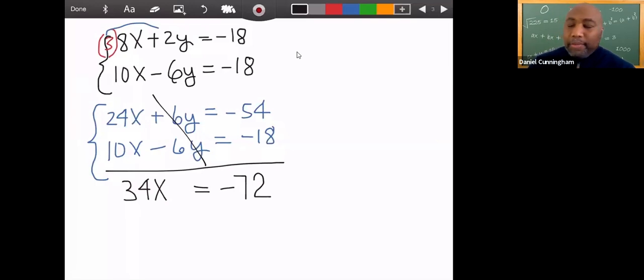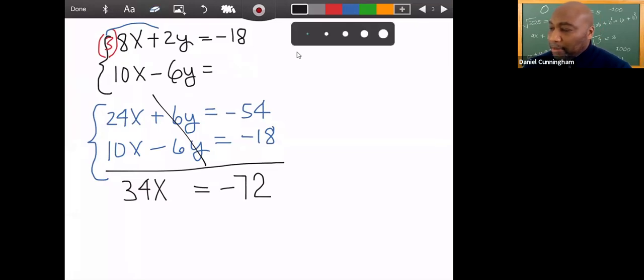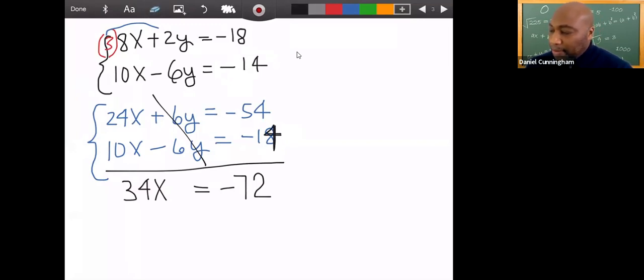Now, I want to make a correction, and I want you to make it too: this negative 18, I really want it to be a negative 14. So let's make this a negative 14. My original was negative 14. And this would actually give me, if my math is correct, a negative 68.